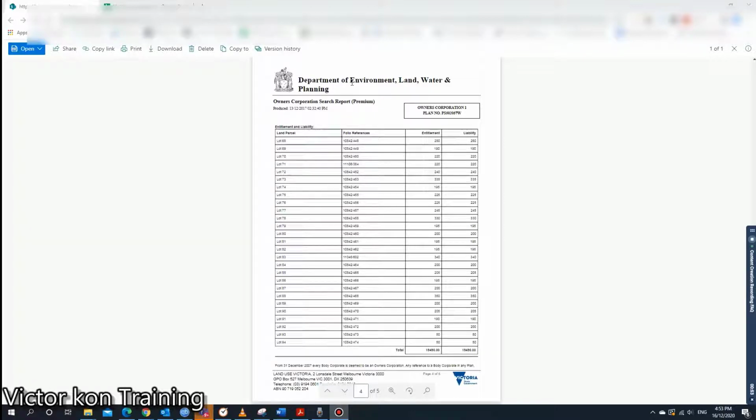When you first purchase a property, you will be given a stack of contracts, not just the owner's corp certificates, but plans of subdivision in the contract of sale, plus this document here. Within the contract of sale, you will receive this report, and it will specify the owner's corporation entitlement and liabilities.